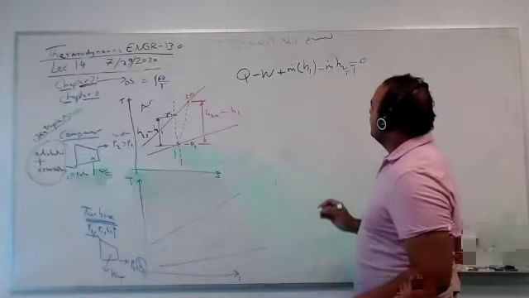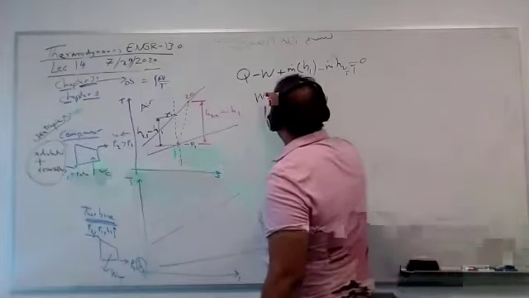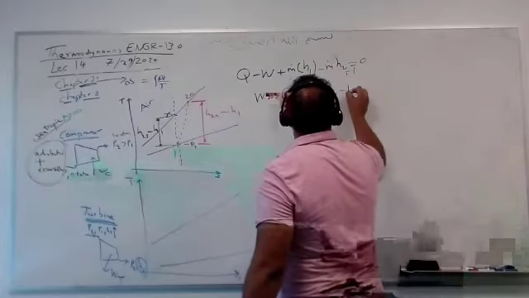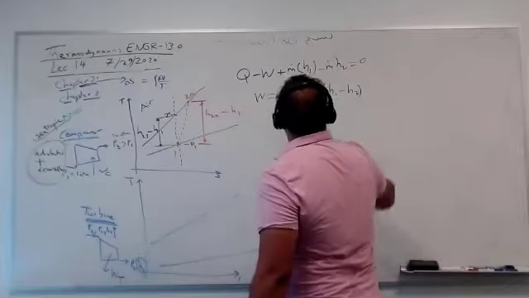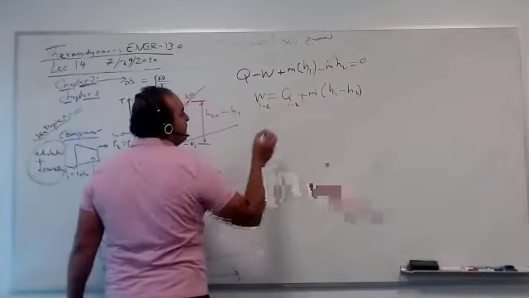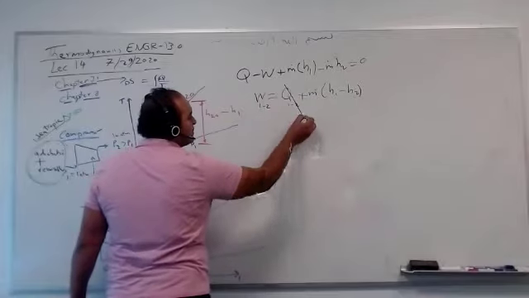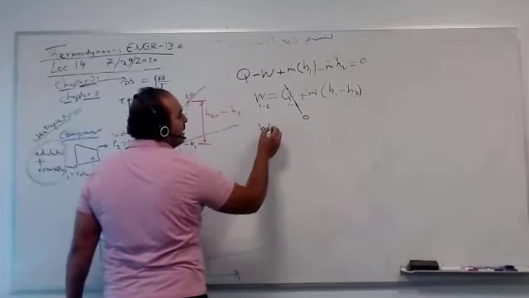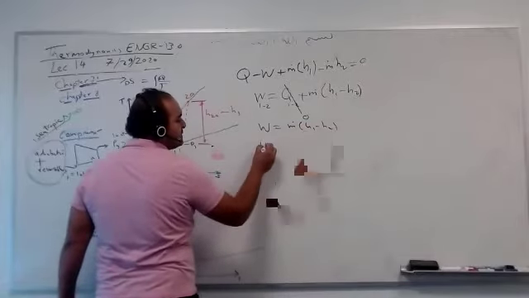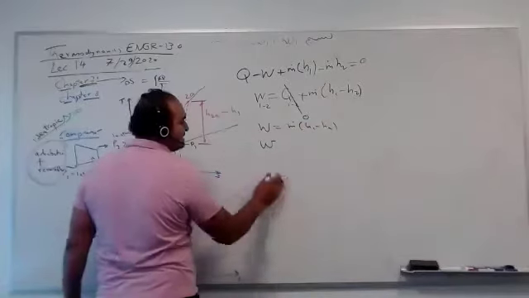The work here, guys, is equal to Q plus m dot times H1 minus H2. If you have friction between 1 and 2, you get losses. Let's say there is no friction. So the work is m dot, or the work per unit mass.